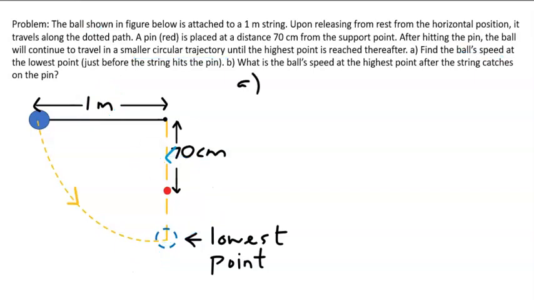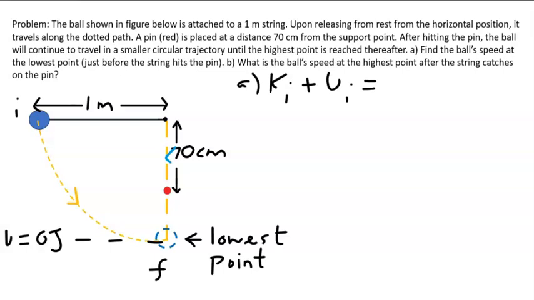So for part A, I'm going to set this as the initial position, that is the final position, and I'm going to take the potential energy to be 0 there. So conservation of energy will give you kinetic energy plus gravitational potential energy at the initial position equals kinetic energy at the final position plus gravitational potential energy at the final position. The object is at rest here, so that's 0. And this is the 0 joule level for potential energy, so that's 0.